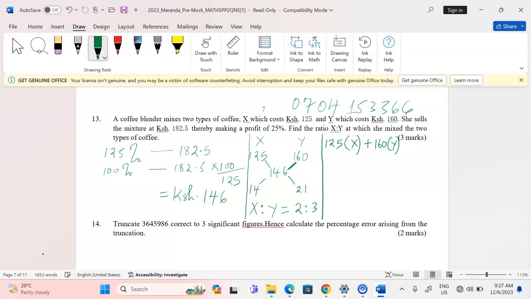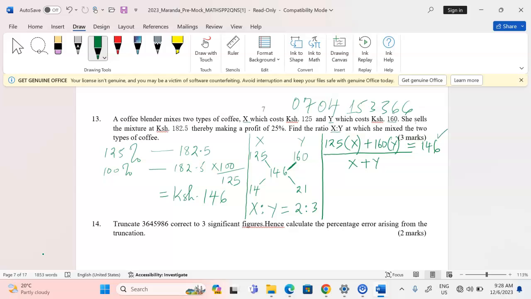That means if we have mixed X and Y, then we can get the cost as 146, because the total cost is X kilograms multiplied by each 125, then Y kilograms multiplied by each 160. Then we divide by the number of kilograms, X plus Y. We should get the cost of a kilogram, which is 146.